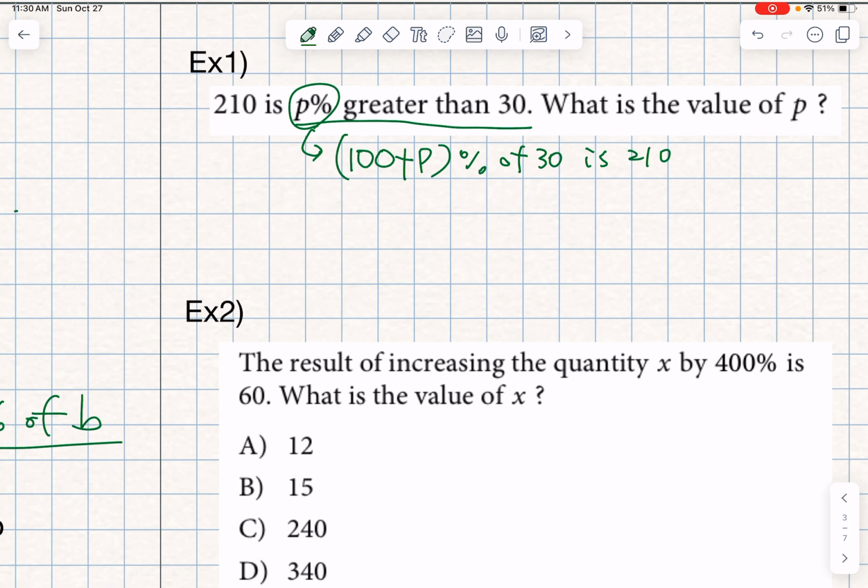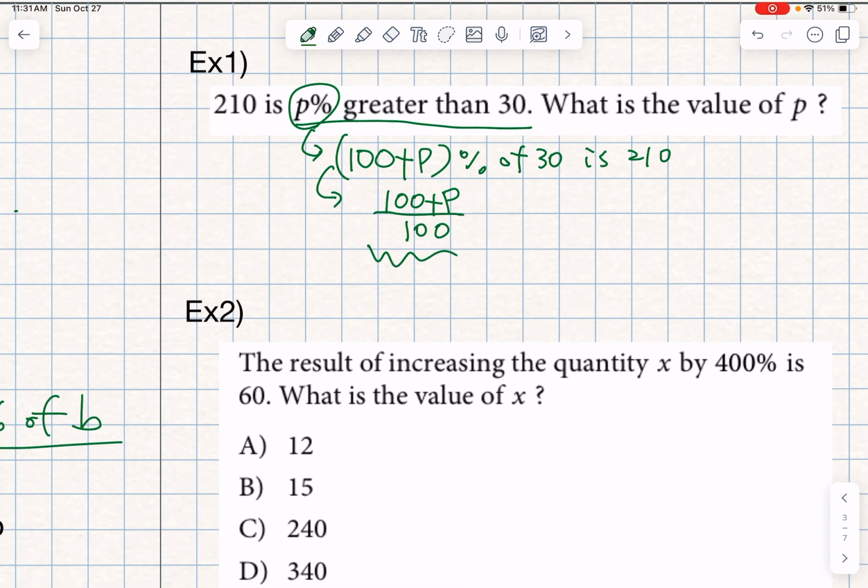Now let's change this to an equation, which is 100 plus p% of 30 as a fraction: 100 plus p over 100. If the percent was given as an exact value, I can change that percent to a decimal by moving the decimal two places to the left. But if it is a missing value as a percent, then I can change it to the fraction.